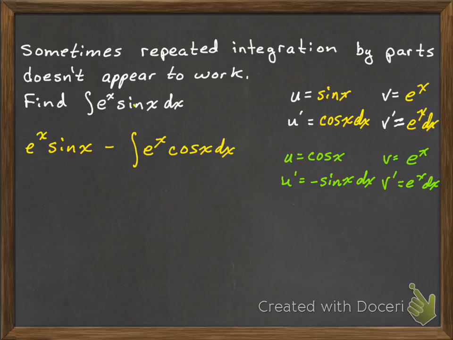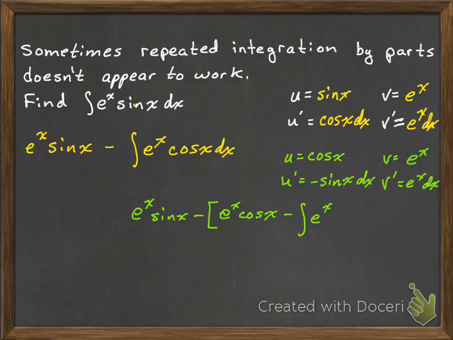All right, so substituting in, what that's going to give us then is e to the x sine x to start with, minus, and then we run our formula one more time, e to the x cosine x, that's the u times v, minus the integral of v du, or u prime.